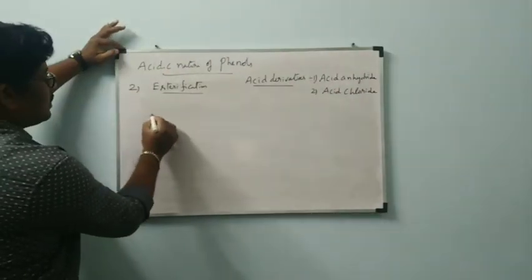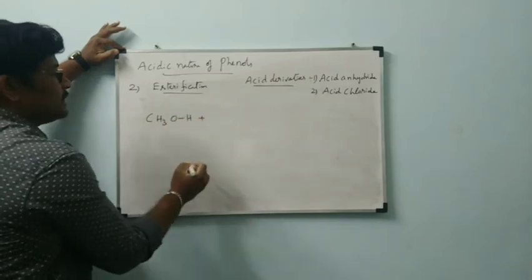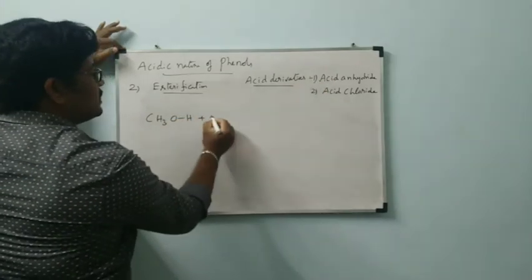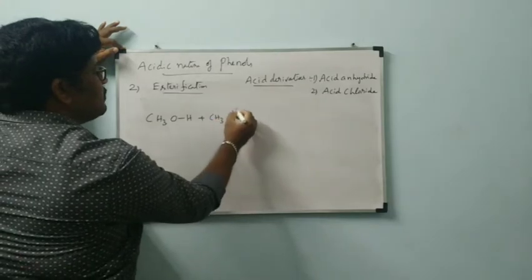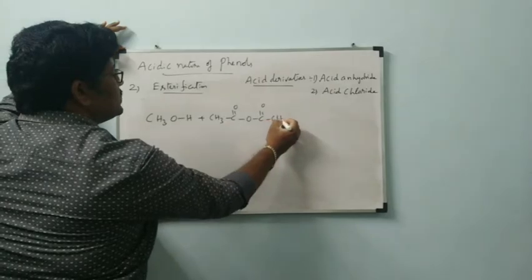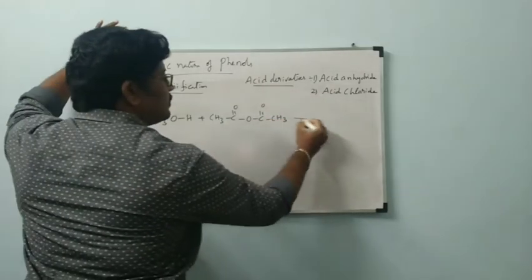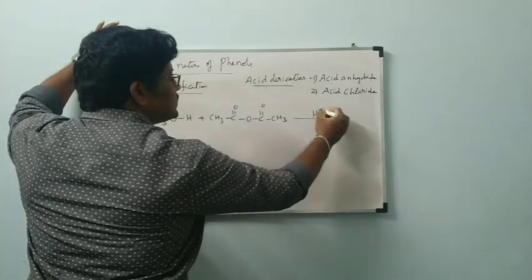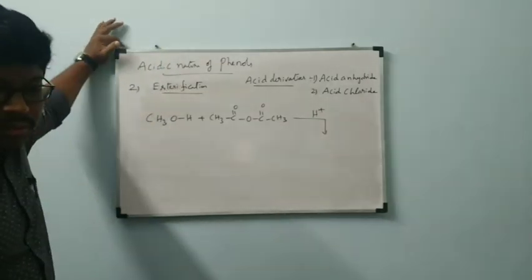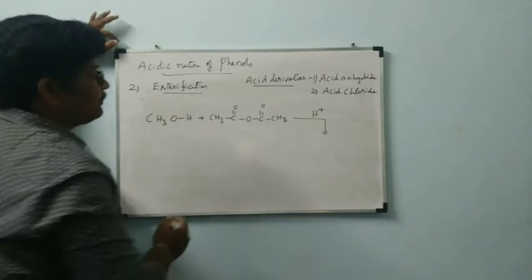I am going to take alcohol, methyl alcohol, reacts with anhydride, CH3, C double bond O, O, C double bond O, CH3, in the presence of acid catalyst.